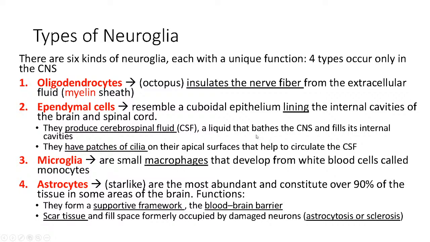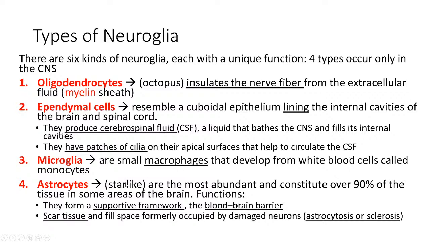The cilia swirl and they help circulate the cerebrospinal fluid. Then you have the microglia, which are like small macrophages, which will eat pathogens, phagocytize them.